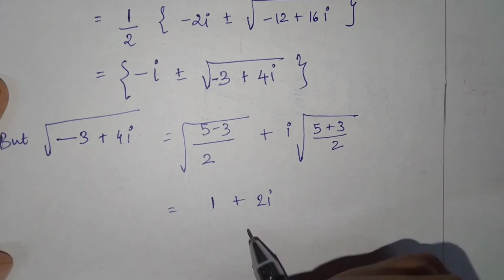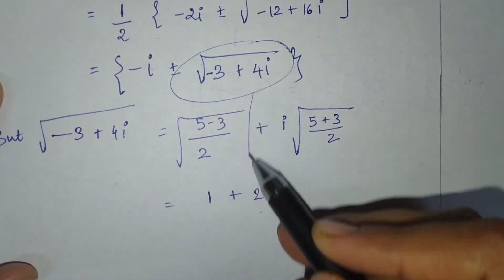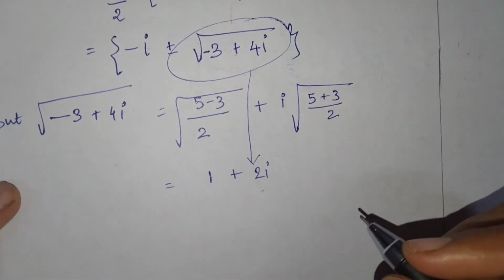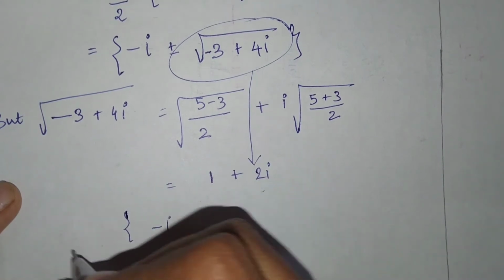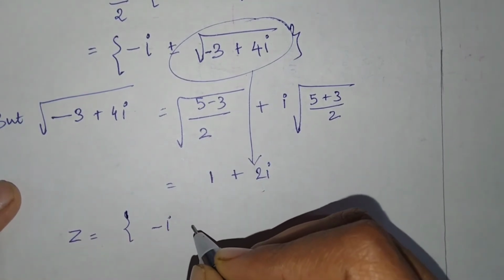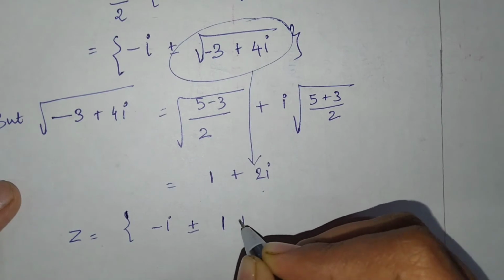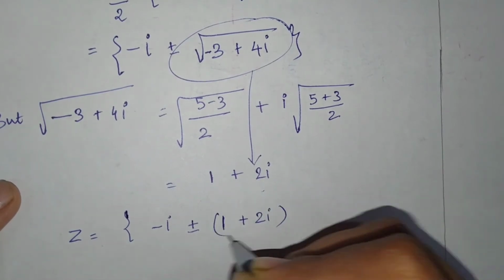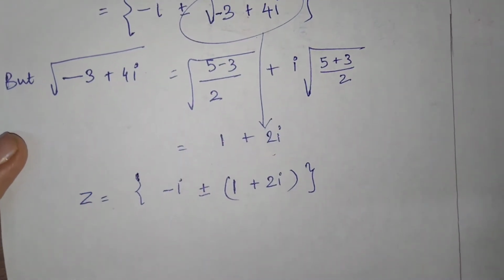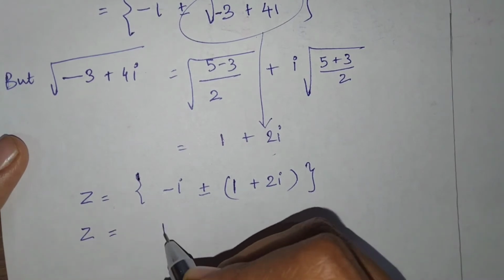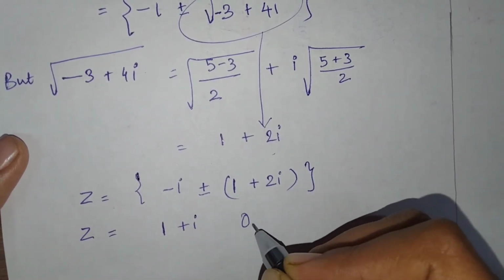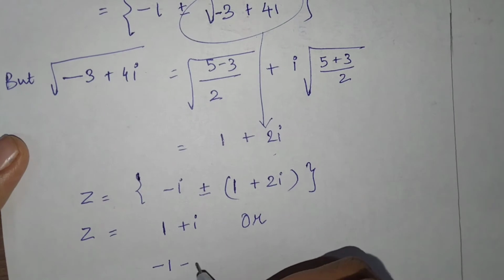Okay, and now in place of this we can write this term. So we will get z equal to minus i plus or minus 1 plus 2i. And solving it you will get z equal to 1 plus i or minus 1 minus 3i.